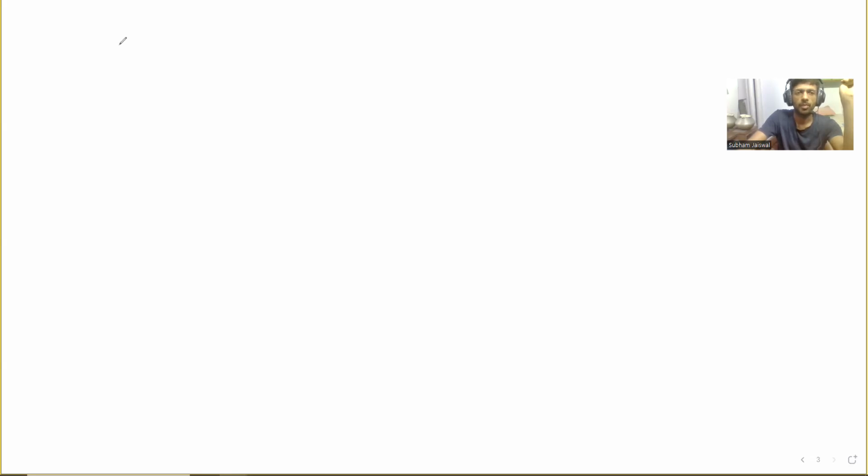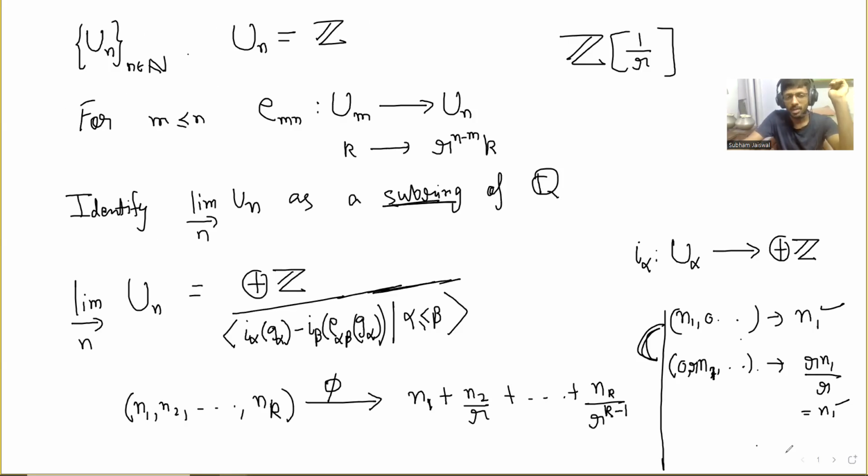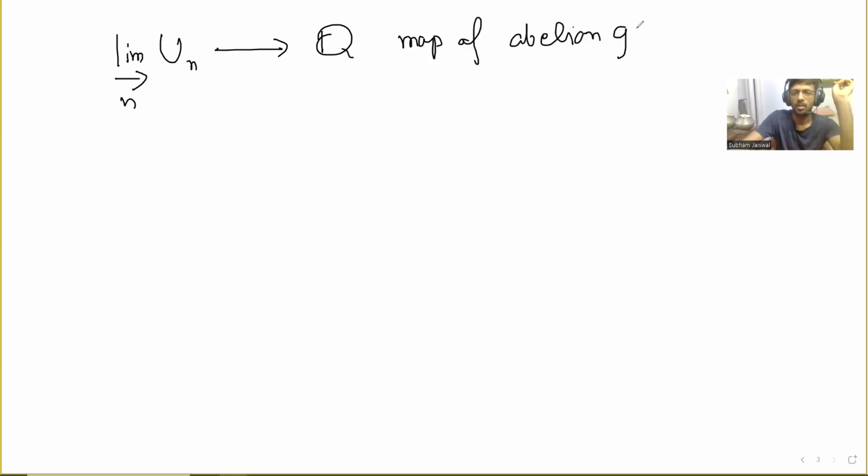So we do have a map from the limit. Yeah, you have to check the multiplication also. So there is a map from here to Q, a map of abelian groups.